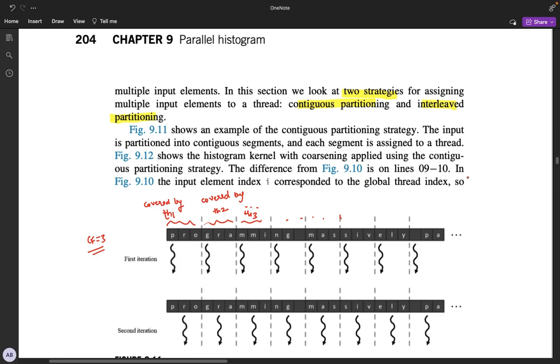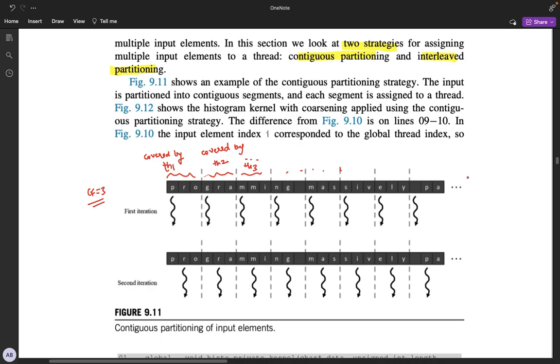We could follow two strategies: one is continuous partitioning and the other is interleaved partitioning.